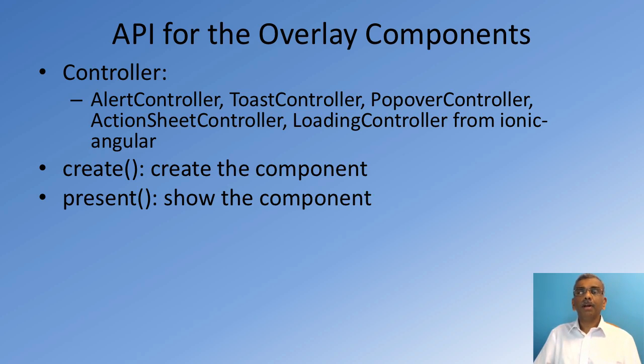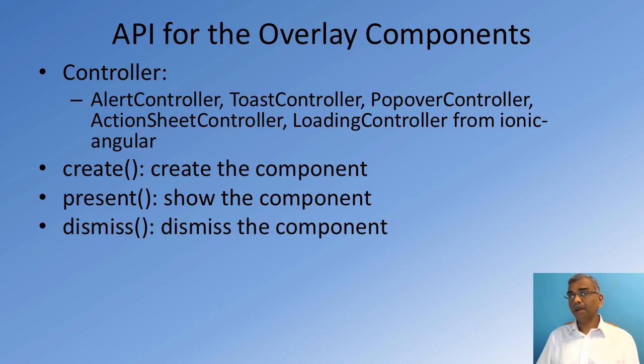And typically, they will also support a dismiss method, whereby calling that will dismiss the component's view from the screen. So you would see this common API supported by all these various components that we have just reviewed.